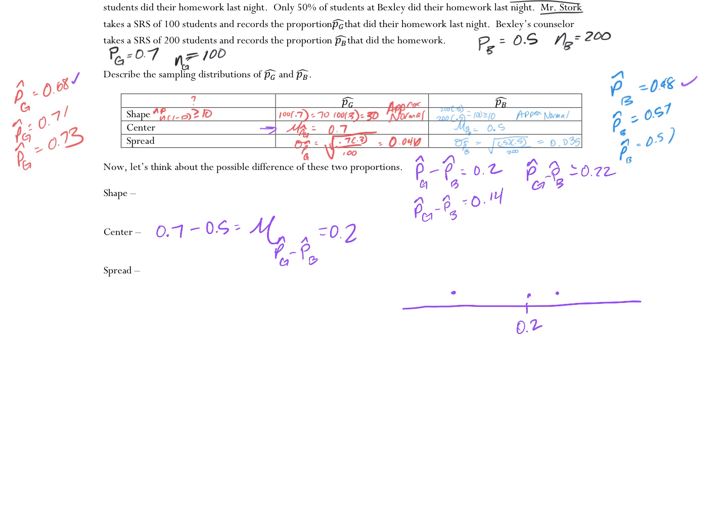It's going to be normal because since both of my initial distributions are normal, their differences are also going to be normal. Okay.